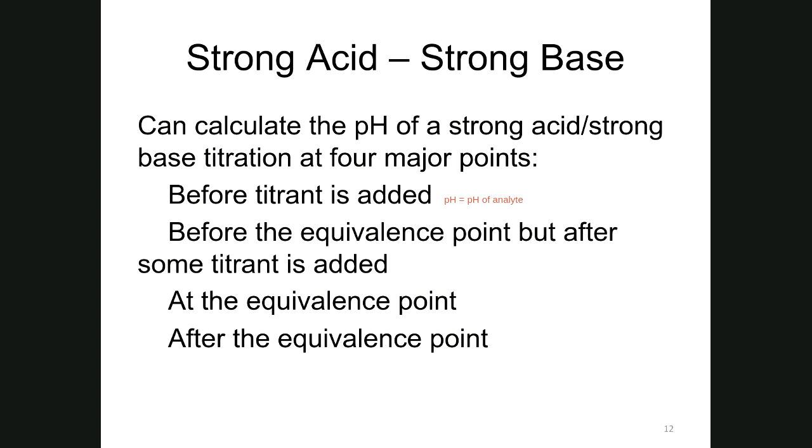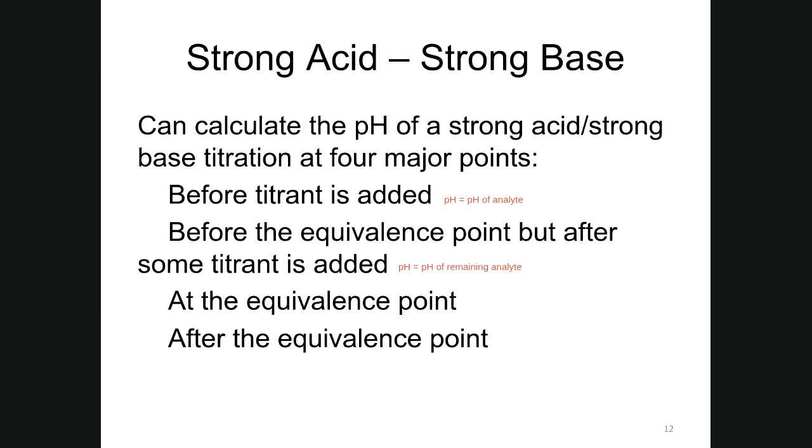If we are before the equivalence point has been reached, but some of the titrant has been added, so this is before we hit that equivalence point on our graph, here we can find the pH of the remaining analyte. And I'll show you what that means. But remember, the acid and the base are neutralizing each other.